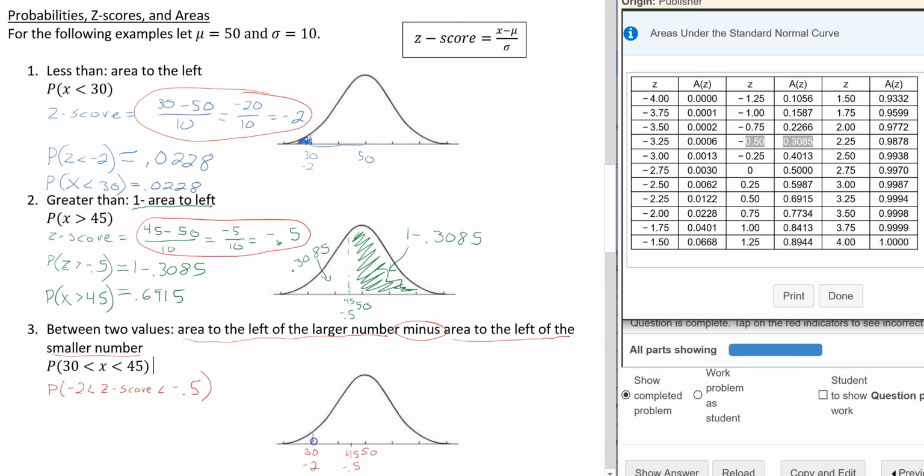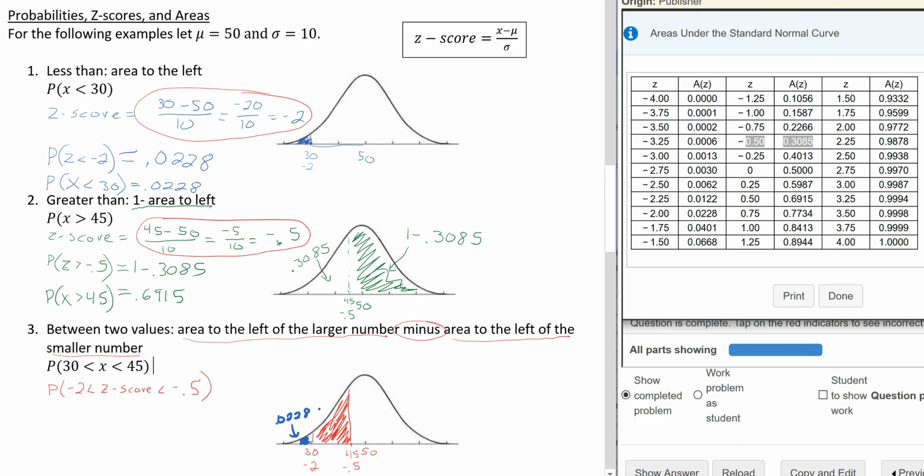If I draw this on the bell curve, what I'm trying to do is find the area between those data values. Earlier, we had found that the blue area was to the left of the curve, and that blue area was 0.0228.